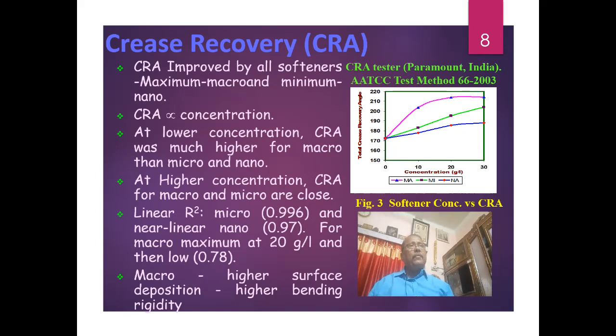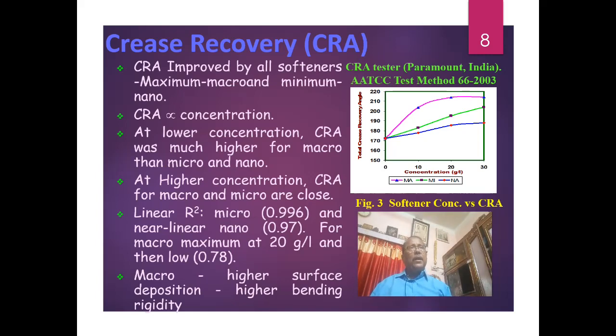So in case of finishing with all three softeners, crease recovery property was improved as compared to the untreated fabric. The maximum recovery was with macro and minimum recovery was with nano. The crease recovery angle is directly proportional to the concentration of the softener.